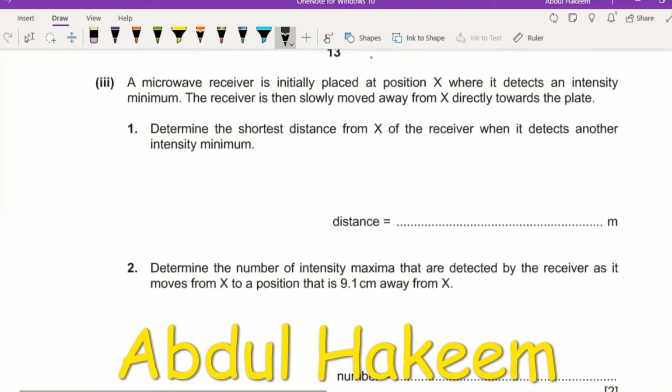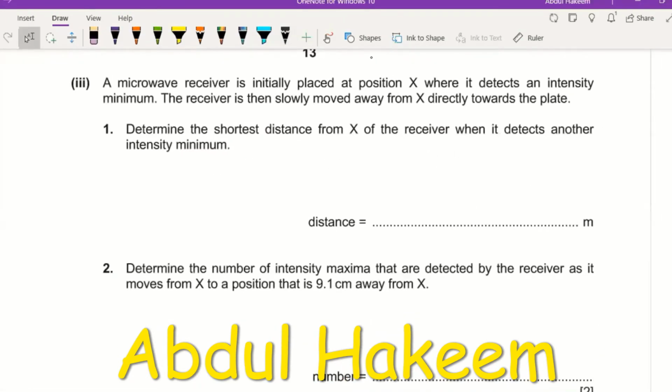Now the next. A microwave receiver is initially placed at the position X, where it detects intensity minimum. A minimum intensity means the nodes, because the incident and the reflected waves are producing the stationary waves. So the node is formed at X. The receiver is then slowly moved away from X directly towards the plate, mean towards the reflector.